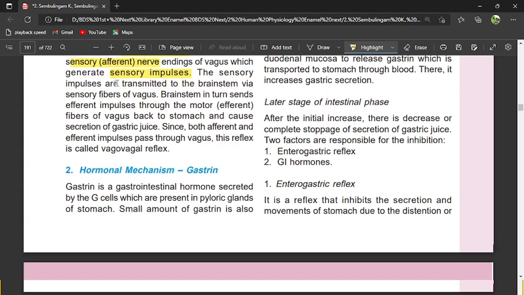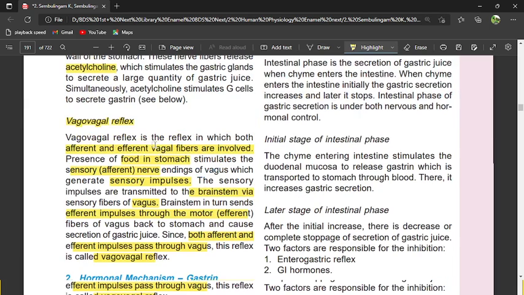The sensory impulses are transmitted to the brainstem via the vagus. The brainstem in turn sends its efferent impulses from the motor efferent vagus back to the stomach and causes gastric secretion. Since both afferent and efferent impulses pass through the vagus, it is called a vagovagal reflex.